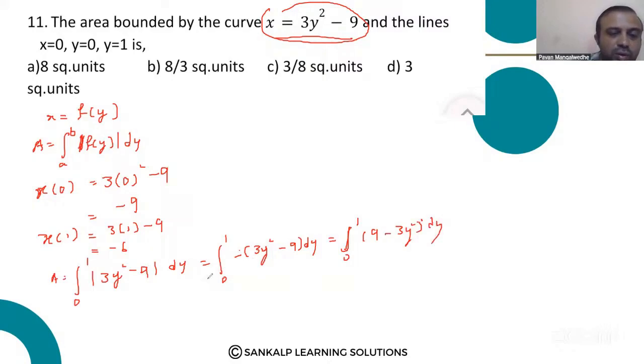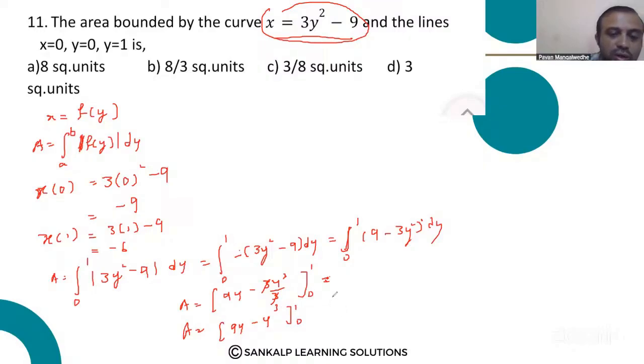So now area is equal to 9y minus 3y cube by 3 from 0 to 1. So 3 and 3 got cancelled.